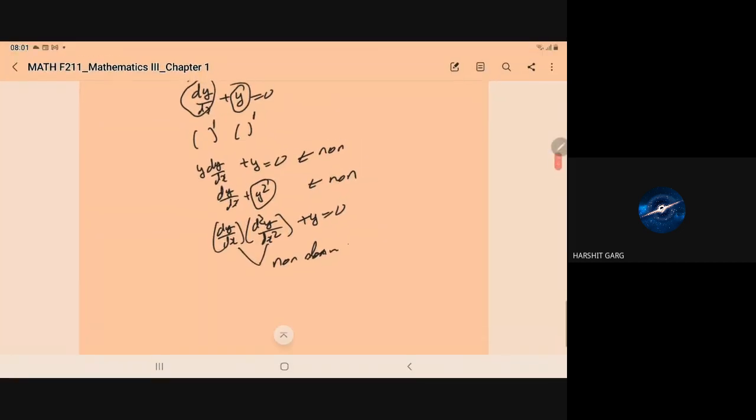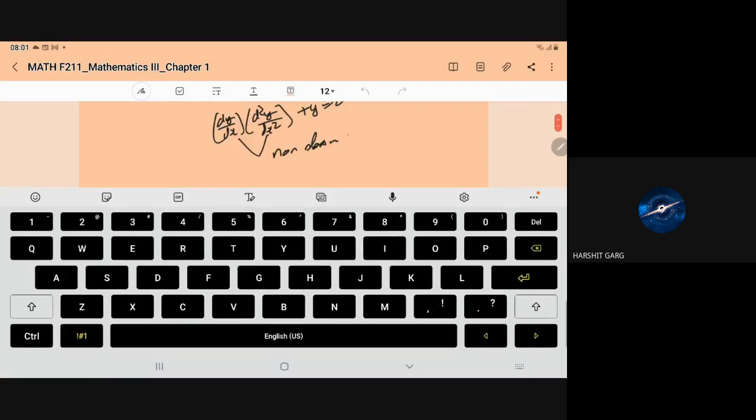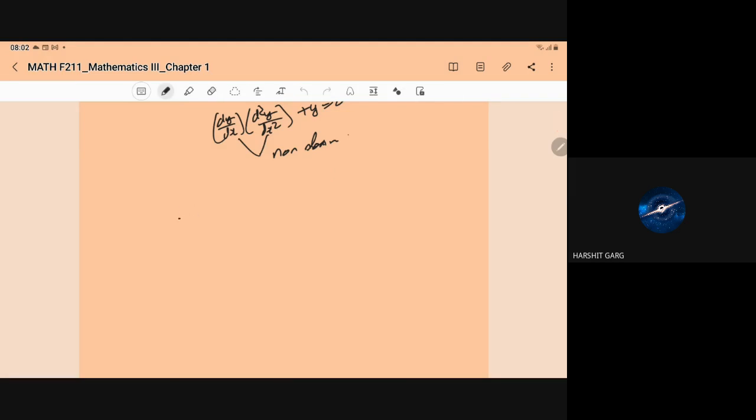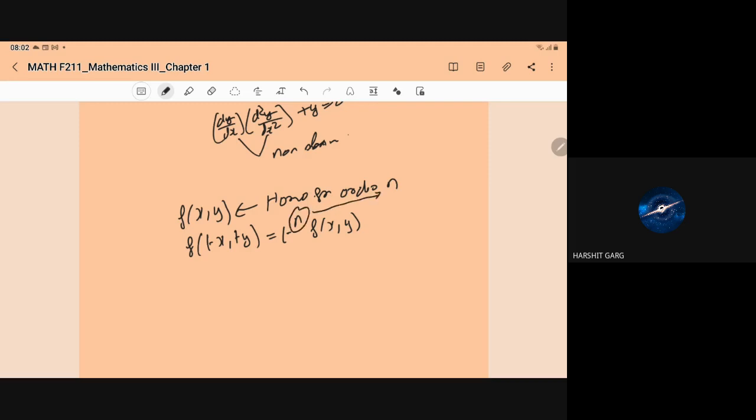If the result comes out as t to the power n times f(x, y), then we say this function is a homogeneous function of order n, whatever that number is. That is the definition of a homogeneous function.